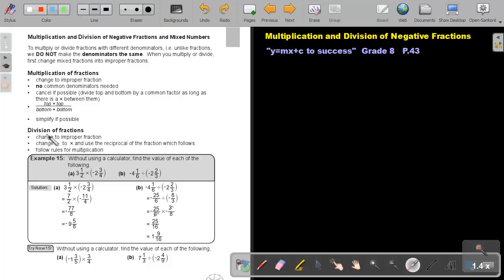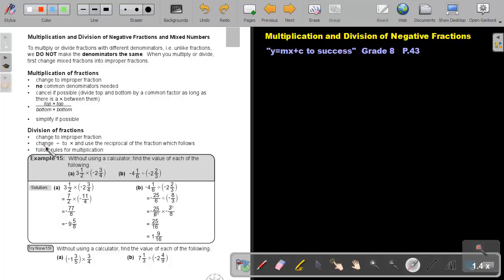Okay, let's look at division of fractions. Again, the first step, change it to improper fractions. So if you look here, I'm going to keep the sign and I'm going to change to improper fractions. So 4 times 6, that's 24, plus 1, that will be 25 over 6. Divide. Keep the negative. 2 times 3 will be 6, plus 2, that will be 8 over 3.